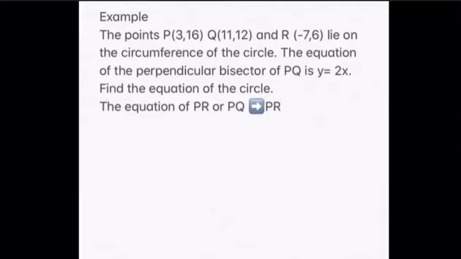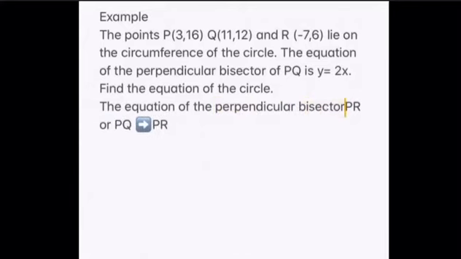When you know the center of the circle and one point on its circumference, which is given in the question, you can come up with the equation of the circle. Firstly, we're going to find the perpendicular bisector of PR, and in order to do that, we're going to find the midpoint of PR first.